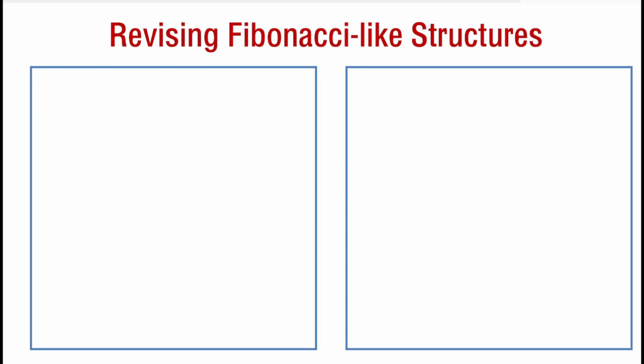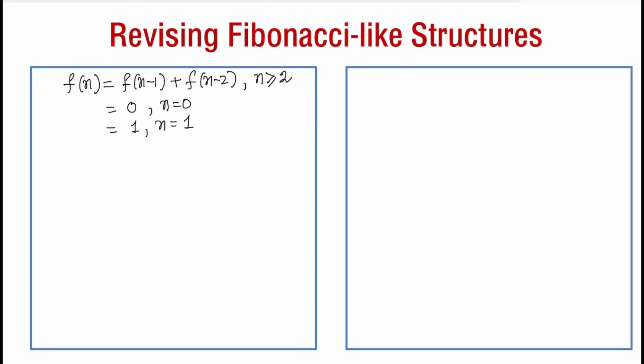We just quickly revise our Fibonacci problem. Our Fibonacci series was Fn is equal to Fn minus 1 plus Fn minus 2 for n greater than or equal to 2, and it was 0 for n equal to 0 and 1 for n equal to 1. And this is how we defined our Fibonacci series.